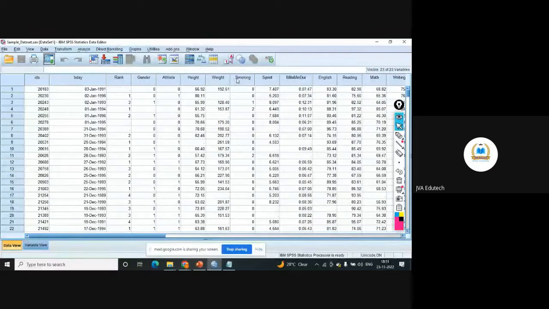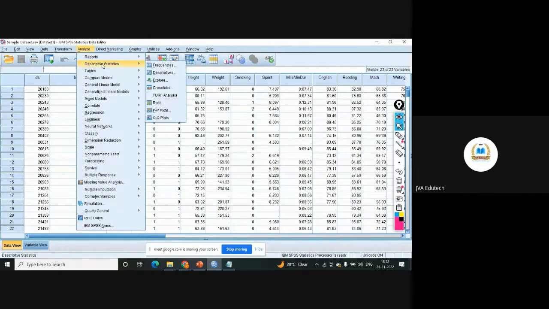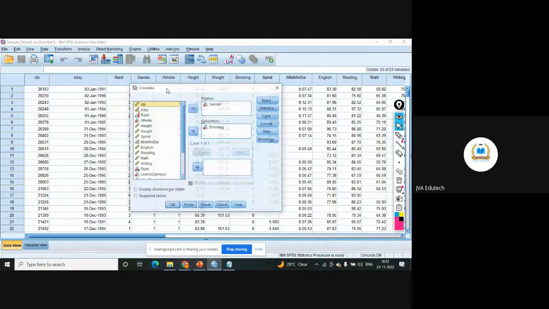Okay, fine. So we have smoking status in three categories, and gender in two categories, and we want to test whether gender and smoking are associated with each other, or whether smoking is dependent on gender or not. So go to analyze, descriptive statistics, and crosstabs. Here in the row, you can take gender. In the column, you can take smoking status.